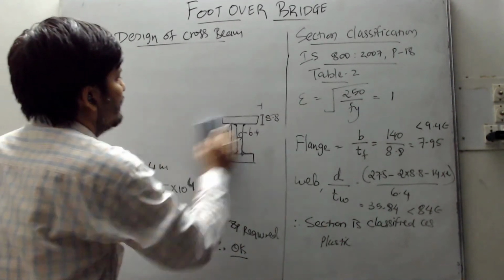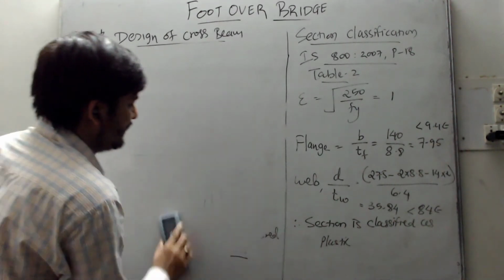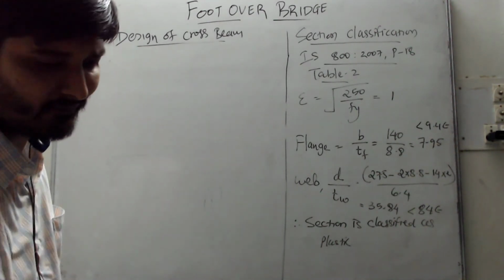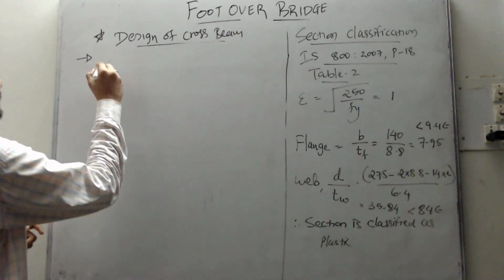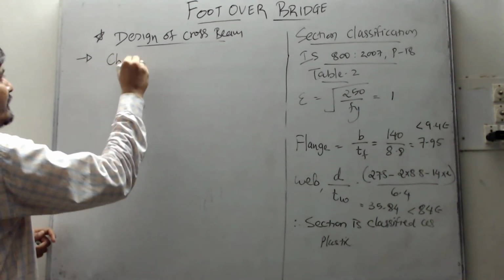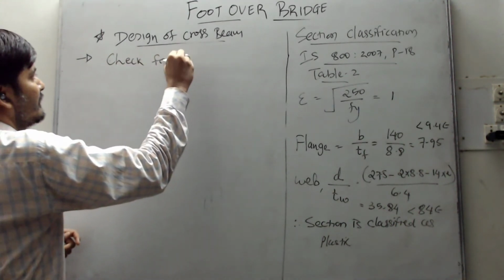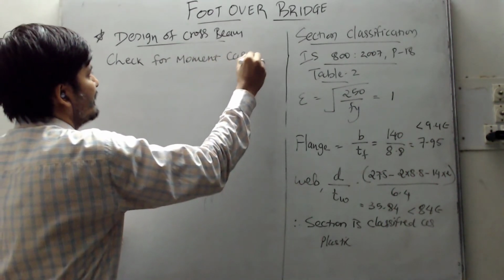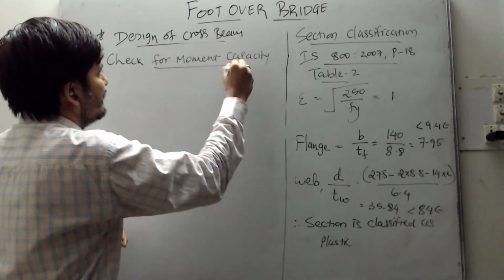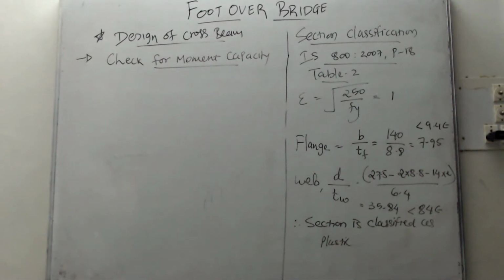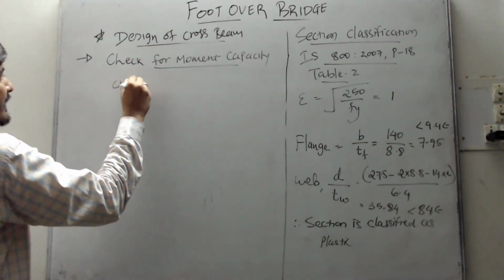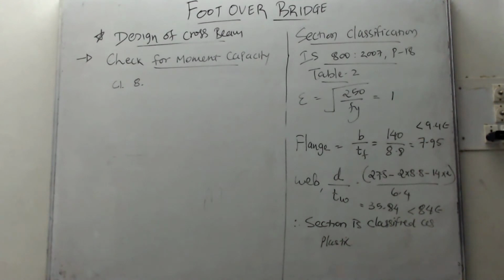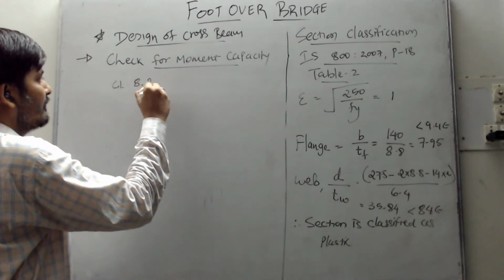Now all the steps we are going as per the IS 800, right? So first, check for moment capacity. This is again given in the IS 800 2007, clause number 8.2.1.2, page number 53.